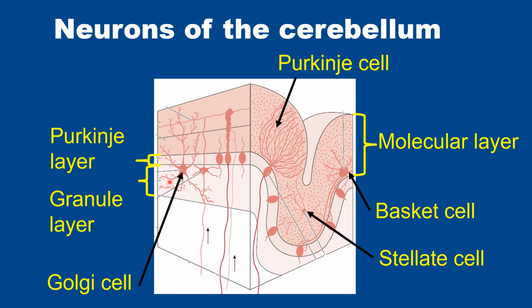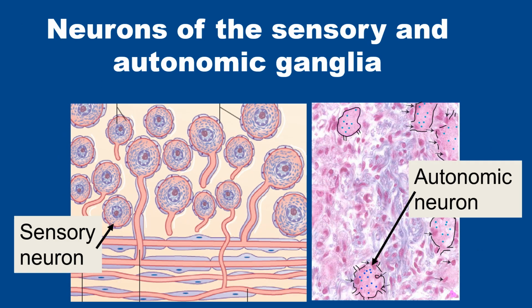The third layer is the granule cell layer, which contains the Golgi cells and many granule cells. The neurons of the dorsal root ganglia and the trigeminal ganglia are pseudo-unipolar, whereas the sympathetic and the parasympathetic neurons are multipolar.